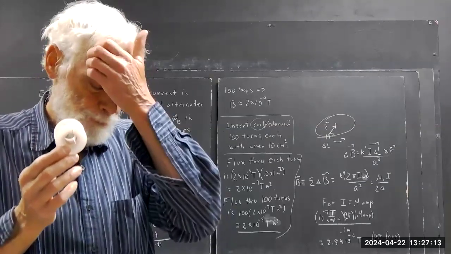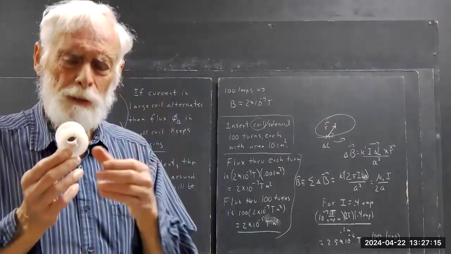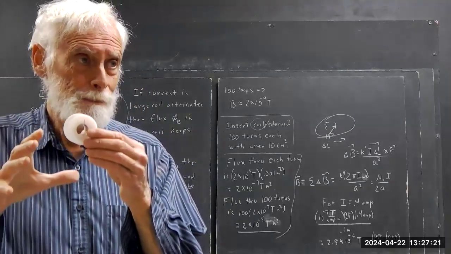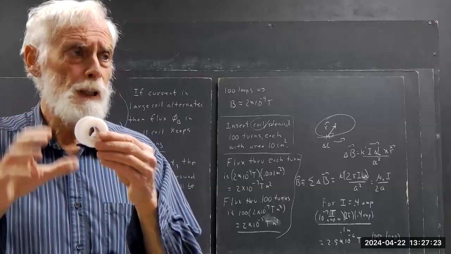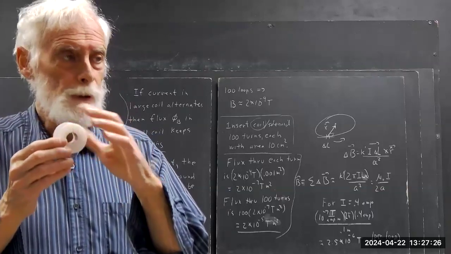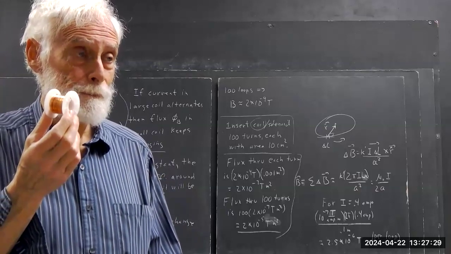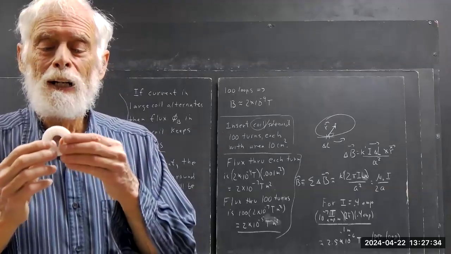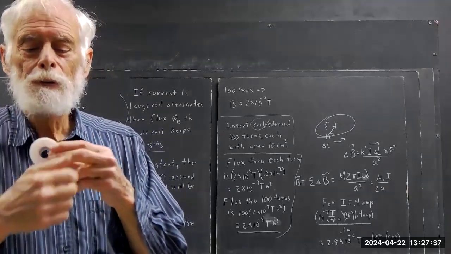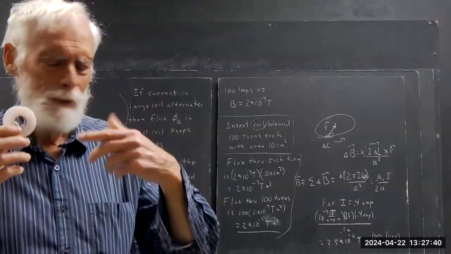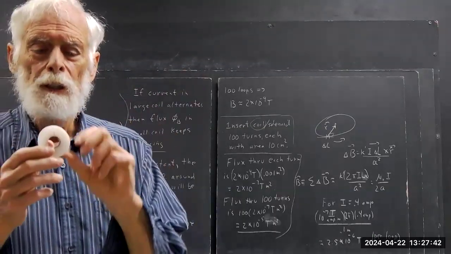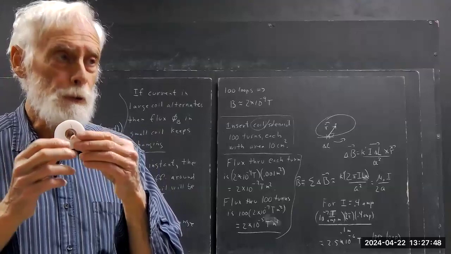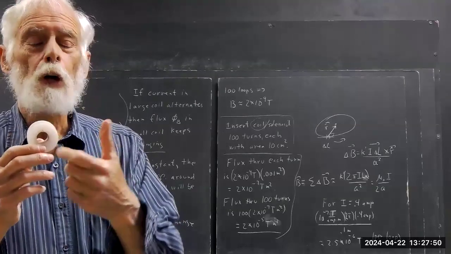Now, the problem is, even if the magnetic field occurs instantaneously, which for practical purposes it kind of does, this thing doesn't build up its voltage instantaneously. I mean, it gets its voltage, but it doesn't build up its current instantaneously. It can't, because as it builds up the current, it creates its own magnetic field.